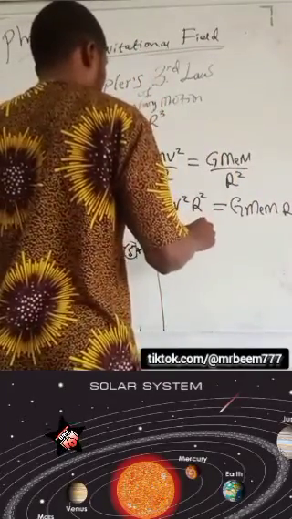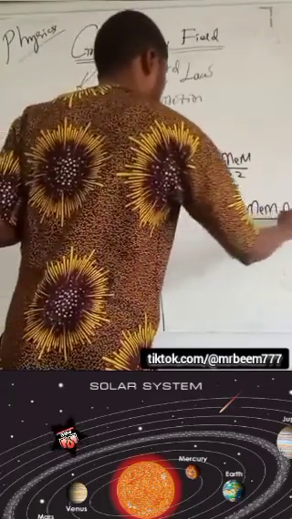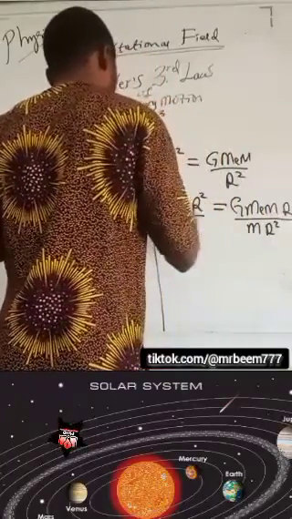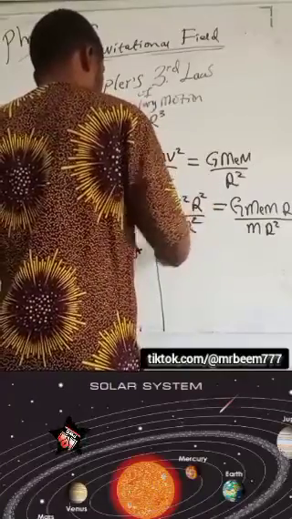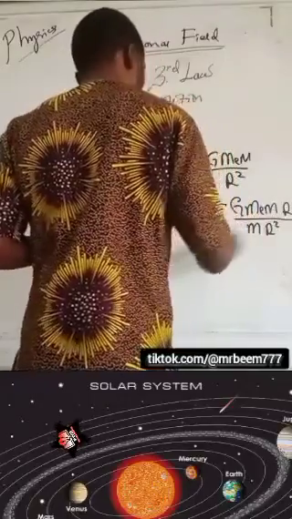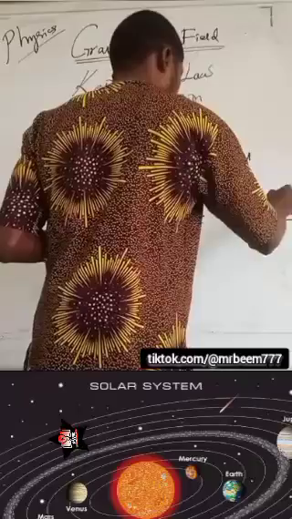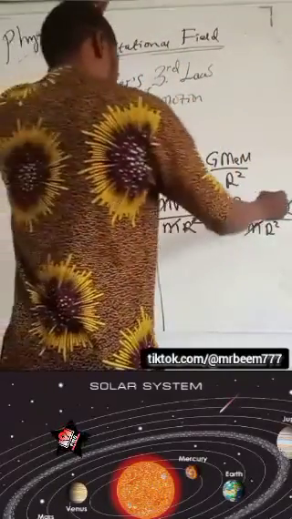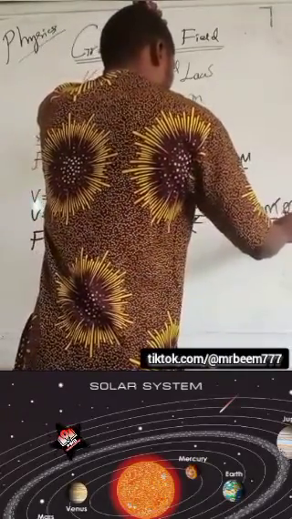If we divide both sides by m r squared, this will go, this will go, and we're left with one r down here.